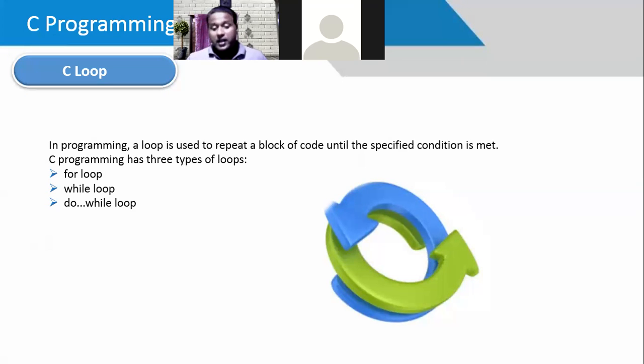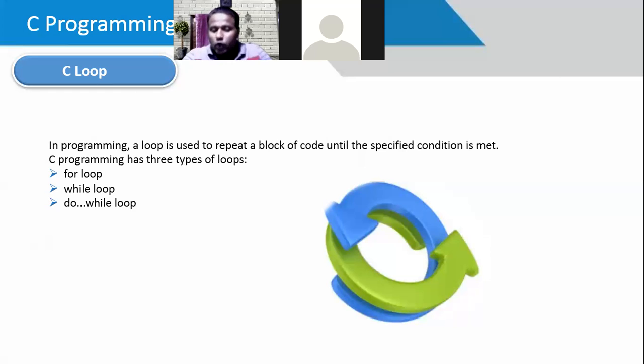Similarly, for 20 students, you have to write 40 lines. Looping says that without writing those 40 lines, you mention the two lines and repeat them 20 times. Then there is no requirement to write the 38 lines. The 38 lines are reduced by using looping. So looping is used to repeat one statement more than one time until your condition is true.